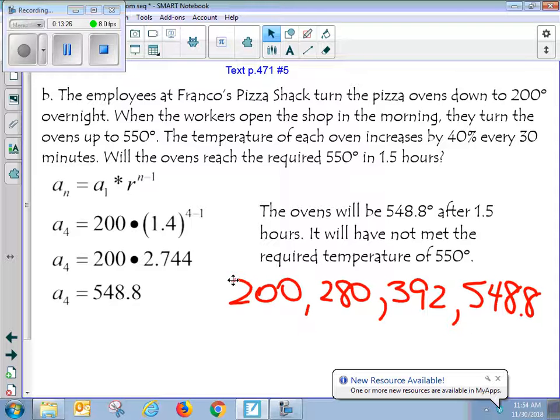Each time, so 0 minutes, half an hour, an hour, an hour and a half. You could count that on your fingers, even if you didn't know those values. Couldn't you do that? That is the 4.